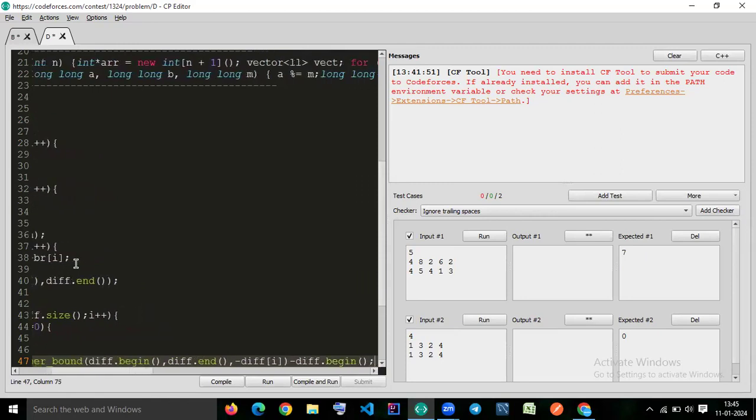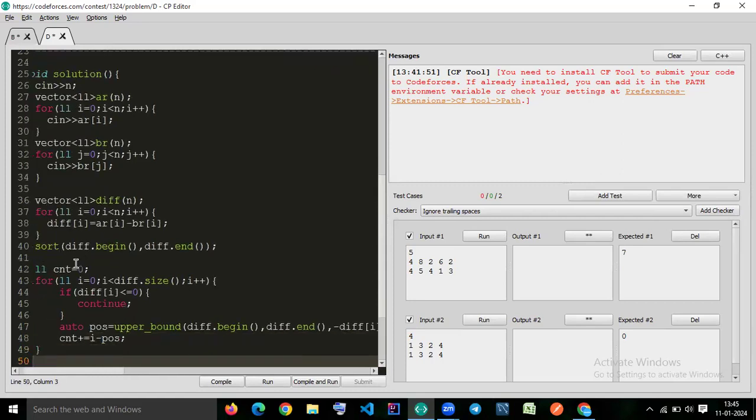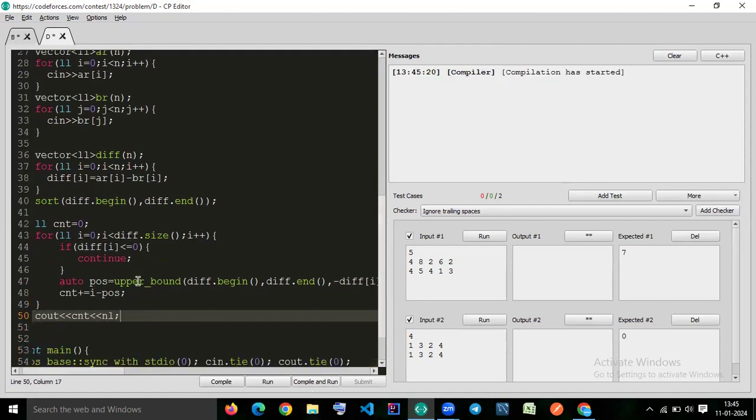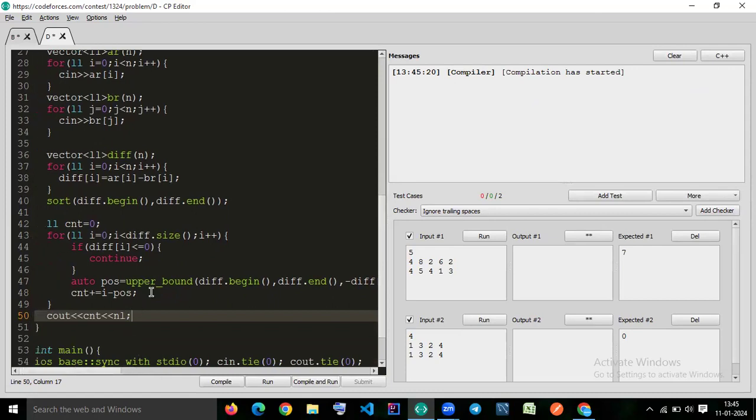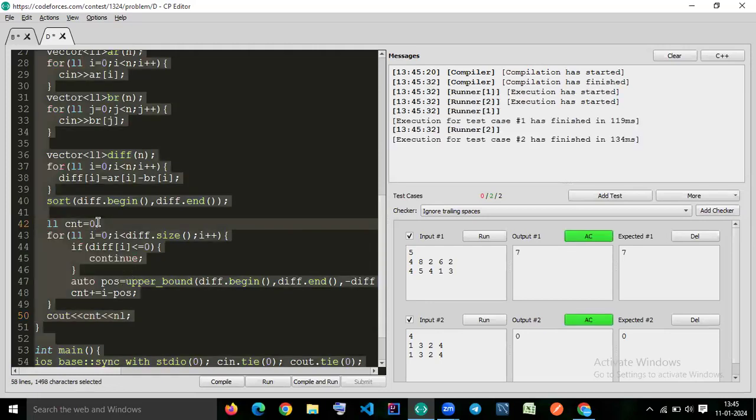So this is the position we are getting. Count plus equal to i minus position. Then print out count and check. You can try to implement this code on your own.